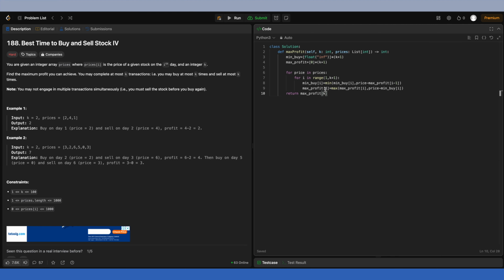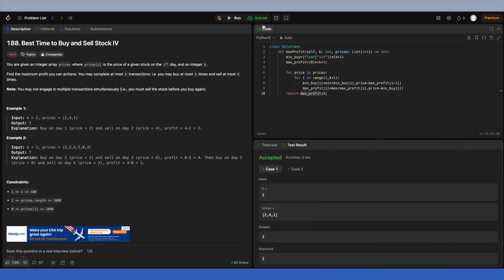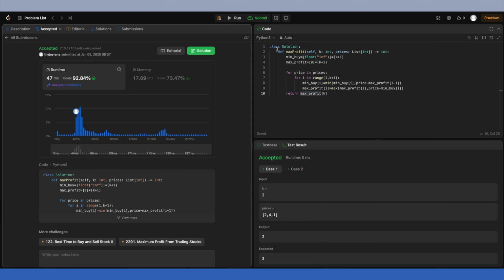Then the maximum profit for the current transaction would be the maximum of the current maximum profit and the price plus the minimum buy for the current transaction, minimum buy of i. Finally, after k transactions, whatever profit we have will be the maximum profit. So let's try to run this. Okay, it's running fine, and it's passing as well.